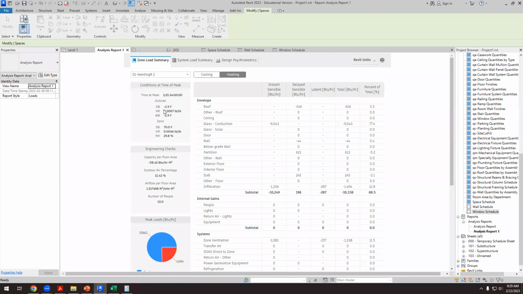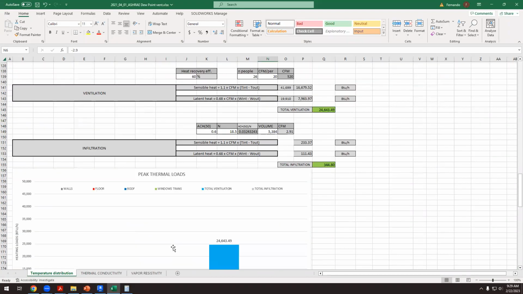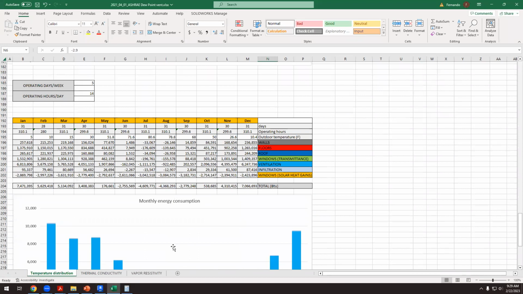But if we want to do this monthly analysis, the outdoor temperature changes. So it's not the same temperature in January than in July. So we can do this in real energy simulation software. They have databases and they do that calculation every 5 minutes.